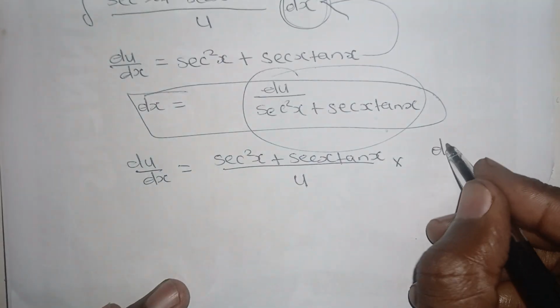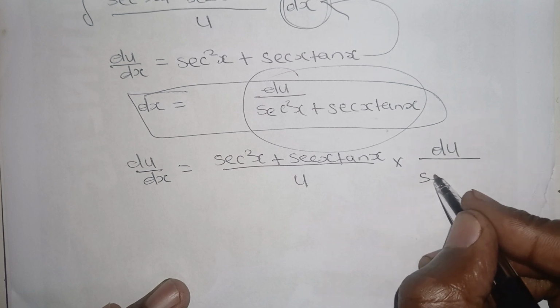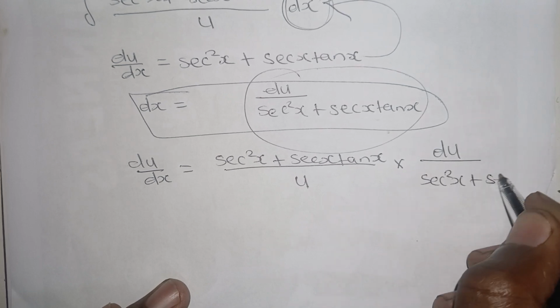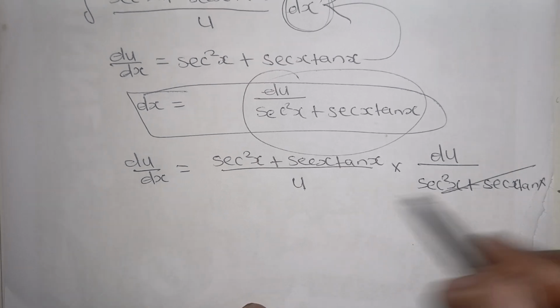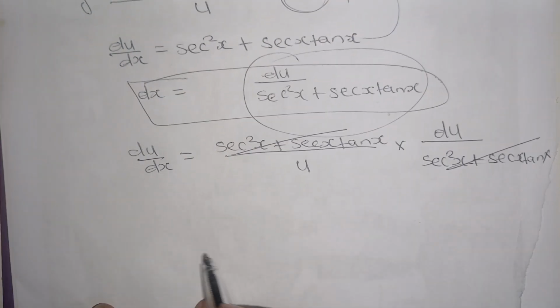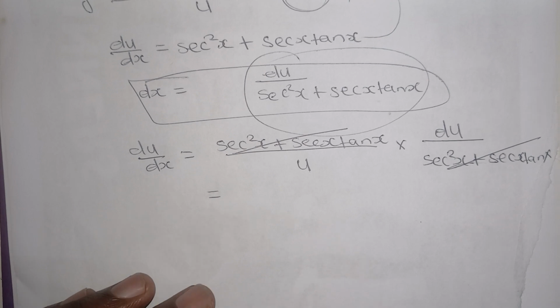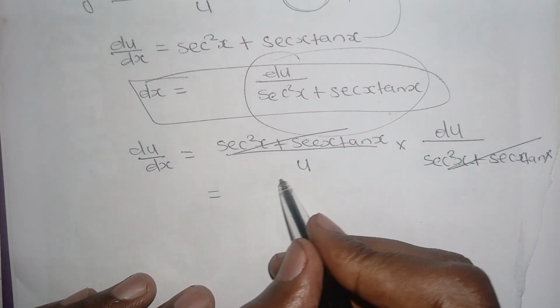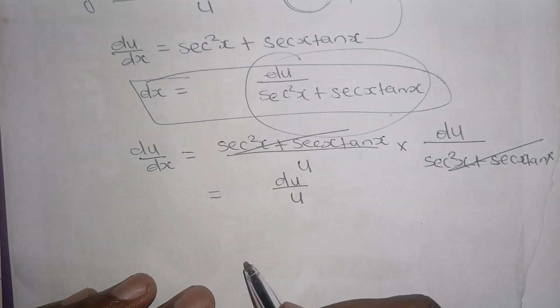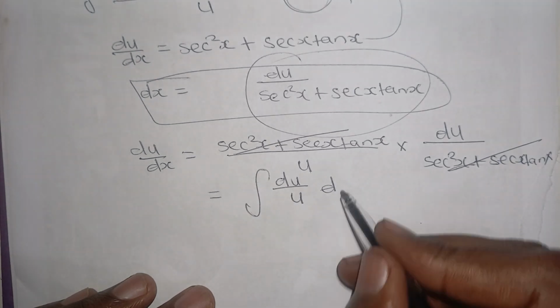So we're gonna say du over sec square x plus sec x tan x, right? Then this one cancels this one, right? Now we'll then have du over u, which is the one that is in the integral.